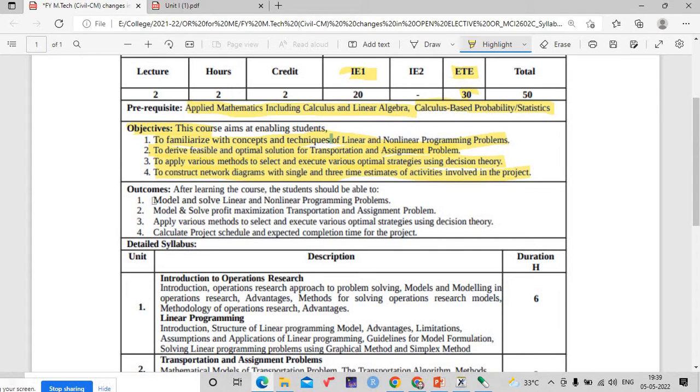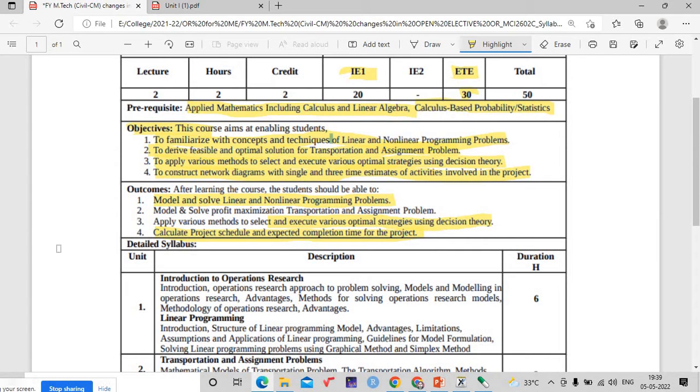After learning this entire course, you should be able to model and solve linear and non-linear programming problems, model and solve profit maximization in transportation and assignment problems, apply various methods to select and execute various optimal strategies using decision theory, and calculate project schedule and expected completion time for the project.